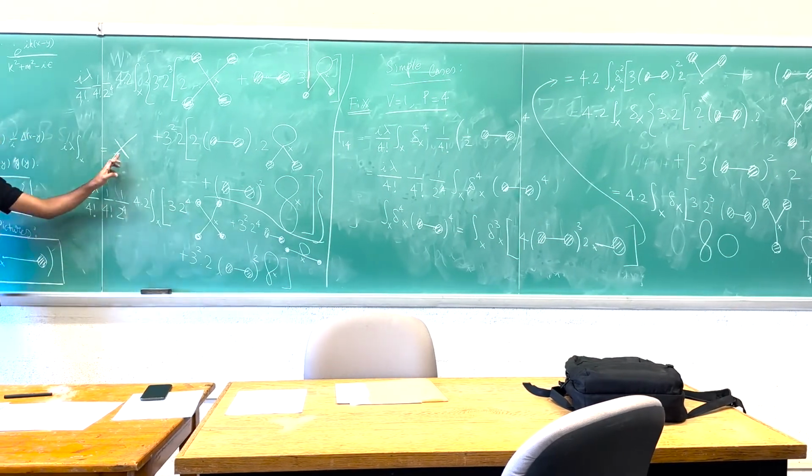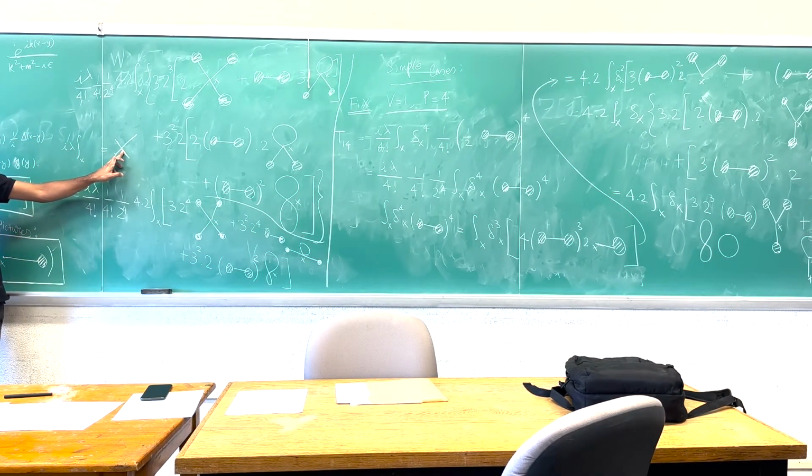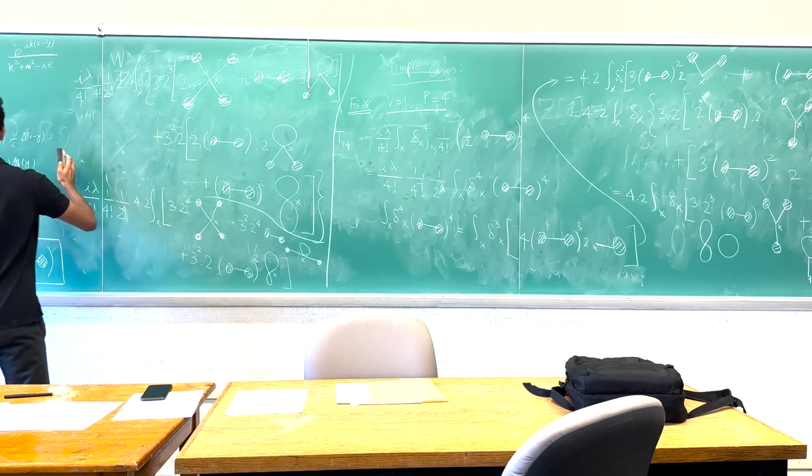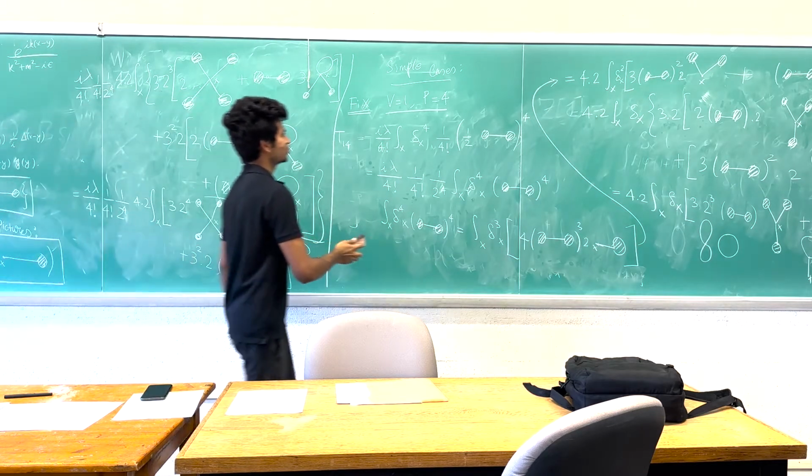If I have a vertex that connects 4 legs with no specified index or space-time point, I assume this. No specified what? Like there's no blobs, no x's.